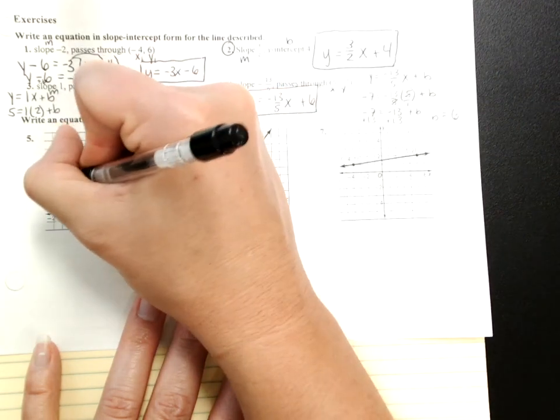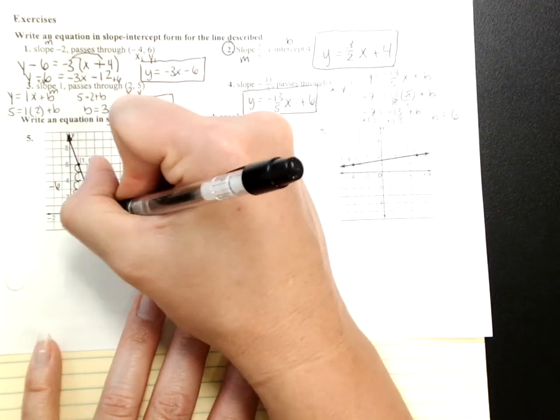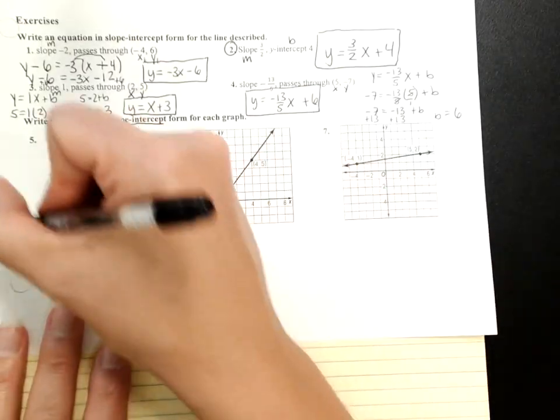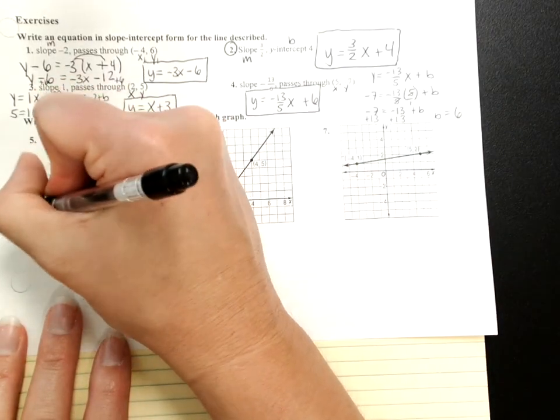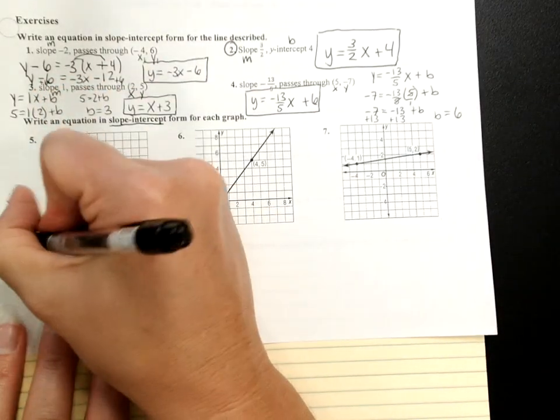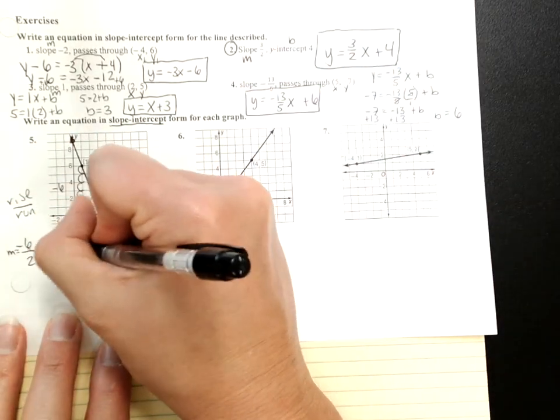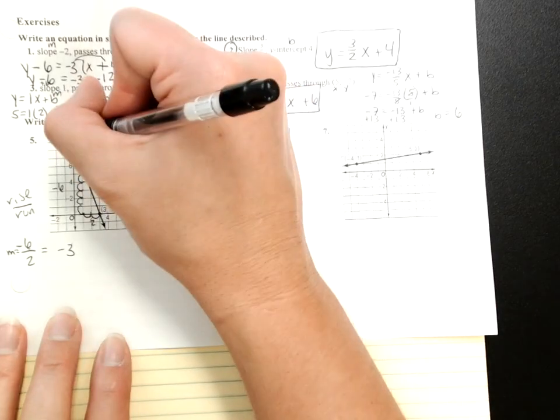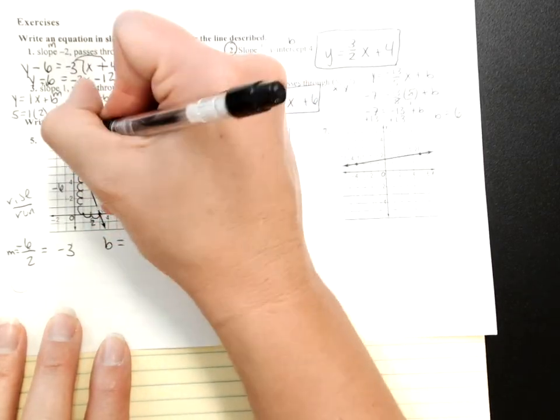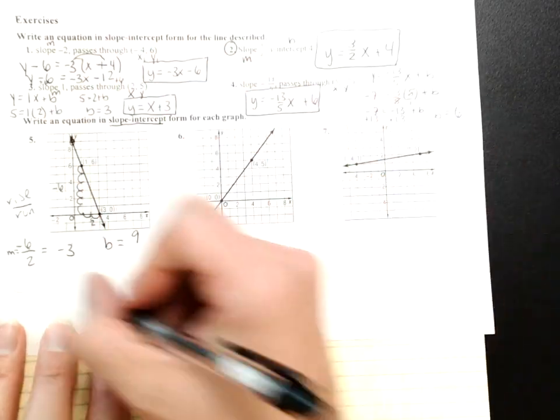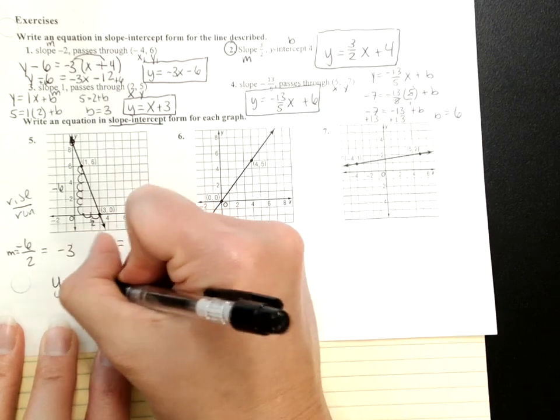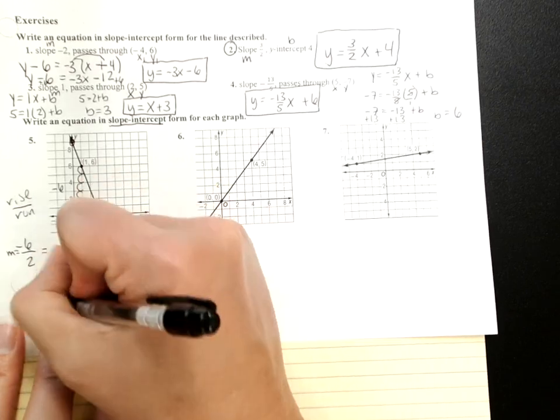So that's down 6 over 2. Remember, slope is rise over run. So that's a negative 6 over 2, which reduces to be a negative 3. M is negative 3. My b is at 9. My equation, y equals negative 3x plus 9.